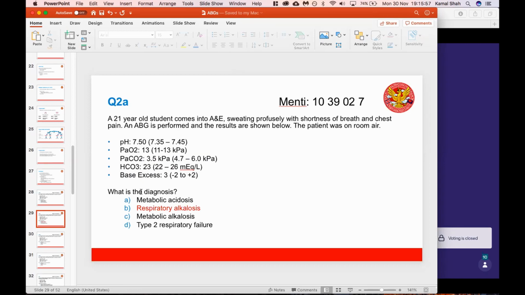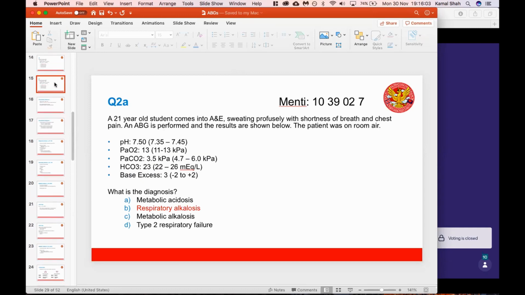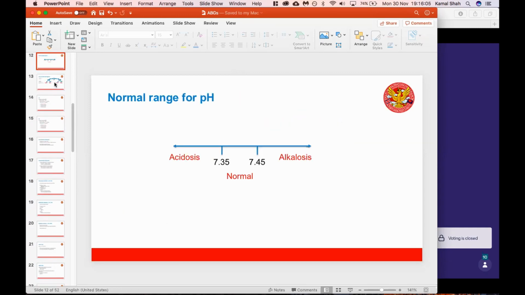So one of you has asked me, how do we know what the original abnormality is? If I go back, we know that the normal pH is between 7.35 and 7.45.